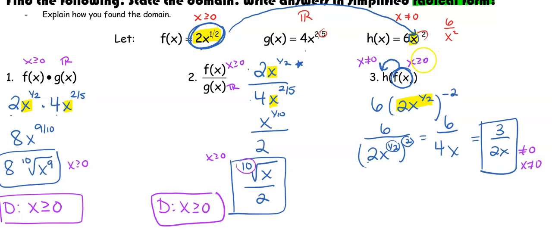So if it's not negatives, it has to be greater than or equal to 0, but this restriction says it can't be 0 either. So when I combine all of the restrictions together, it has to be greater than 0, not greater than or equal to 0, because it can't be equal to 0. I have that problem with the fraction. Okay, that is it for our function operations.